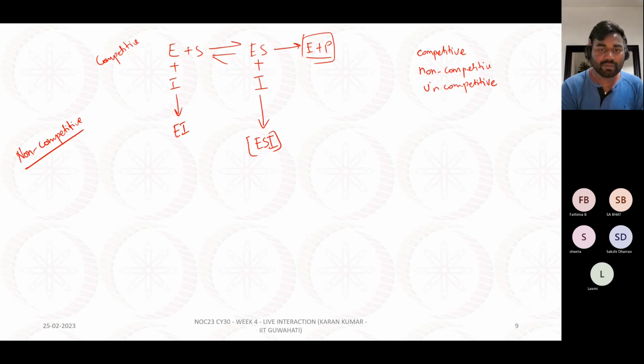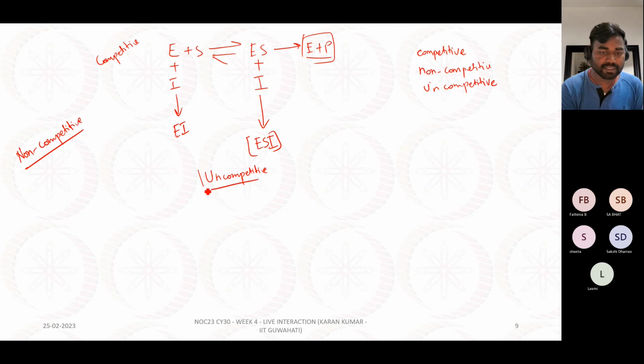However, in case of uncompetitive inhibition, both can follow. Either it can bind to the enzyme directly, or it can bind to the enzyme substrate complex. If it is binding to both sides, then it is called uncompetitive.